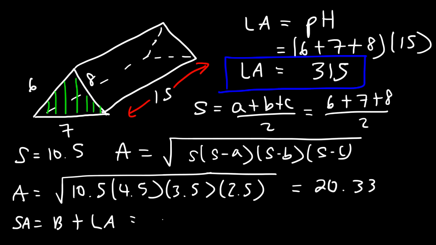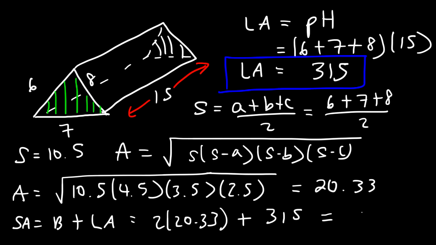Capital B is the area of two triangles, so it's 2 times 20.33. Don't forget about the backside. And then plus the lateral area, which is 315. So the total surface area is about 355.7 square units.